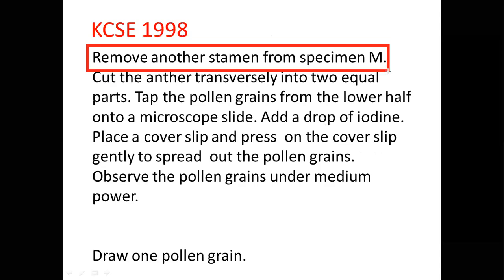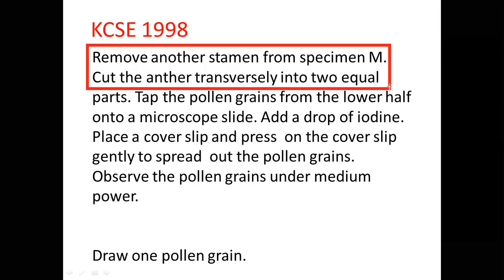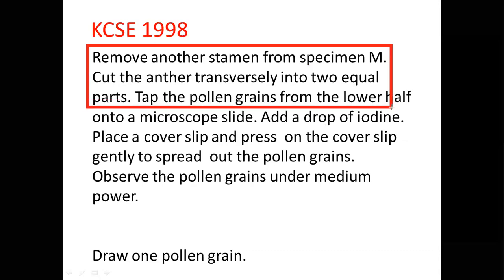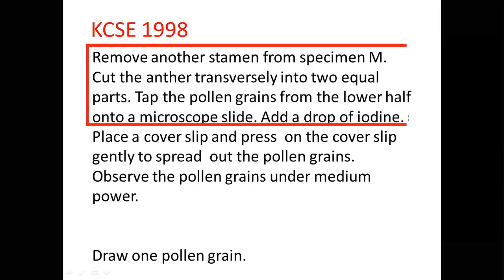So remove the anthers, the stamen, from specimen M, cut anthers transversely into equal parts. Indeed, this was a Solanum incanum flower. Tap the pollen grains from the lower half onto the microscope slide.